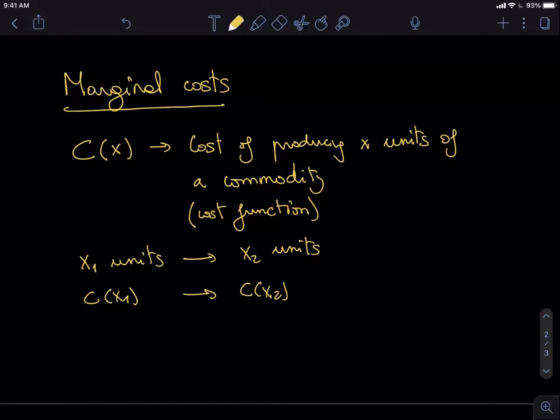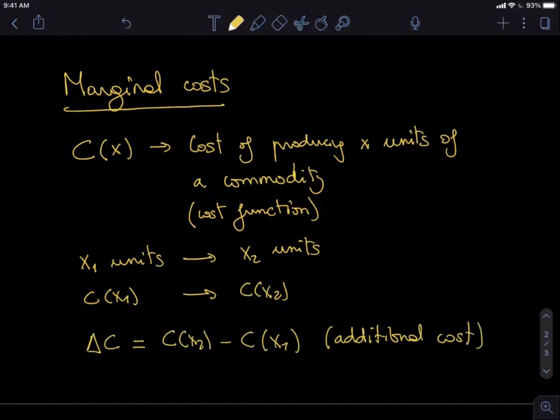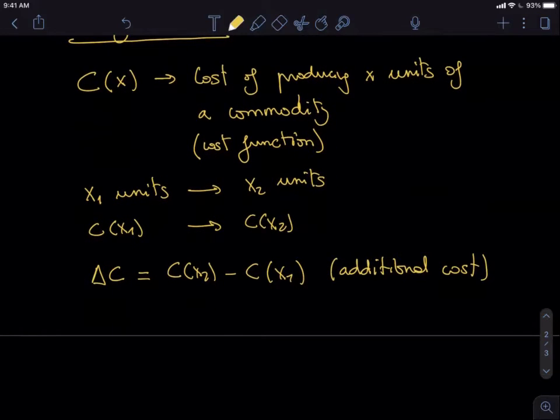So then the additional cost is the increment of c. This is the additional cost. But then once we have the additional cost, we could also look at the average cost.